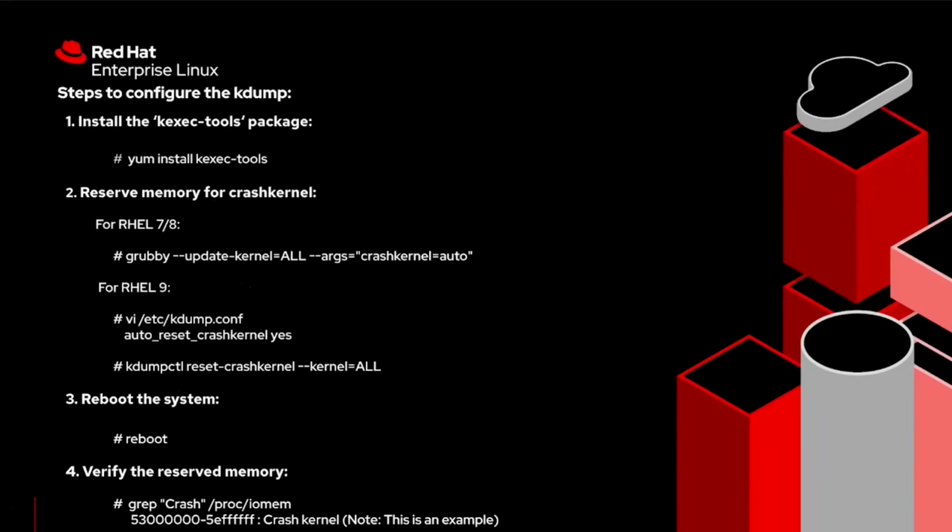Then execute the kdumpctl reset-crashkernel --kernel=ALL command to update the crashkernel parameter. And then reboot the system for the changes to take effect. You can verify the memory has been reserved for the crash kernel in the /proc/iomem file.